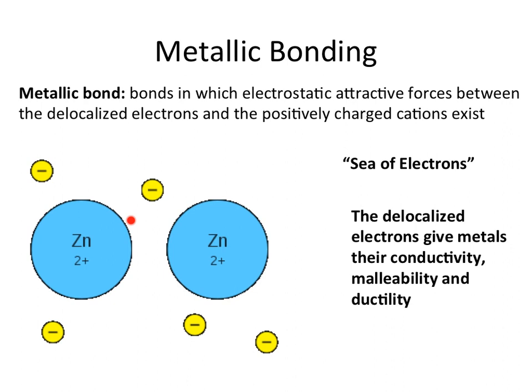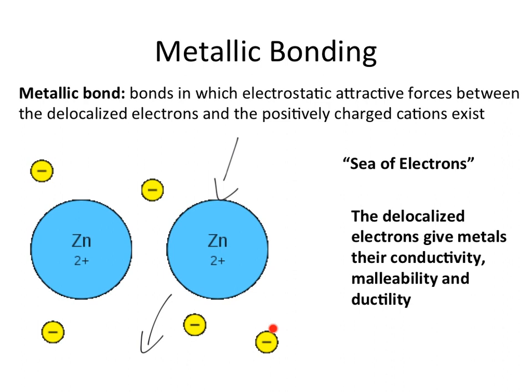The reason is that as soon as we hit this atom with an object, the atom may move, but instead of breaking a bond or causing issues, all of the delocalized electrons just redistribute. So you've altered the shape of the piece of metal, but the electrons just reorient themselves and adjust.